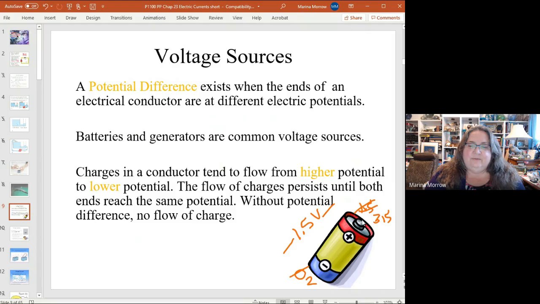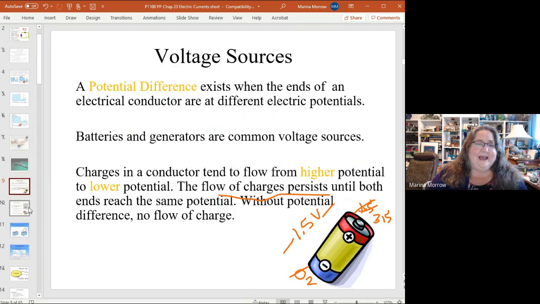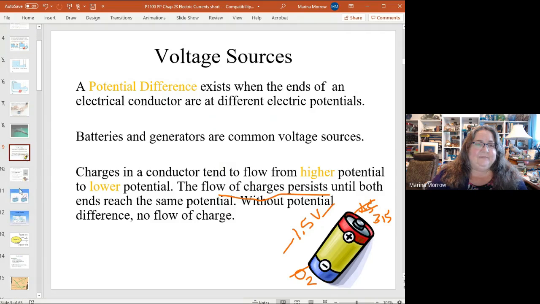And so when this is hooked up to a circuit, charges will begin to flow in the battery, and the flow will persist until the battery no longer can maintain a potential difference. And at that point, the charges will stop flowing. So if you've ever used a flashlight and it got dimmer and dimmer and dimmer, that's what's happening inside the battery. And eventually it reaches a point where it can no longer maintain that potential difference. And then your flashlight goes dark.